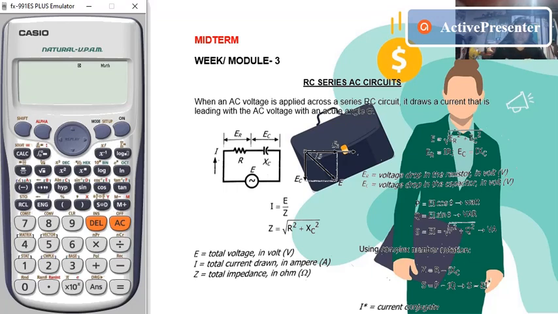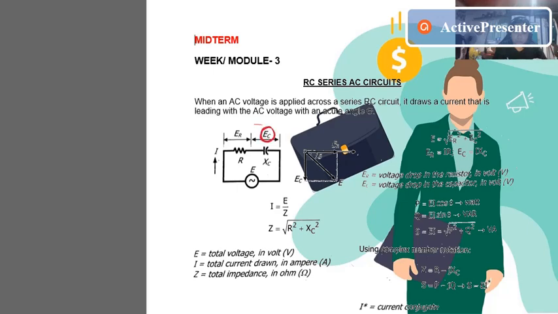So we can see in our figure the voltage drop in the resistor, the ER, and now we have our voltage drop in the capacitor. The unit of these two will be volts. We can also see the acute angle theta.